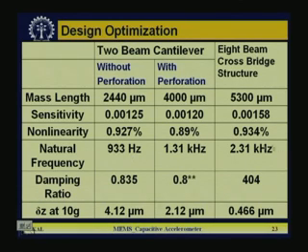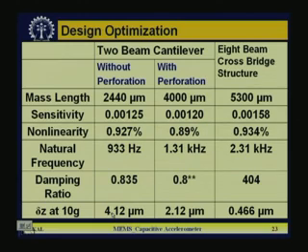Here the desired value is 0.8, but it is 0.9, slightly different. Natural frequency is 933 hertz and 1.31 kilohertz, and the damping ratio is 0.835 here and 0.8 here, and delta Z at 10G is 4.12 micron, with perforation it is 2.12 micron. That is the displacement along Z direction.